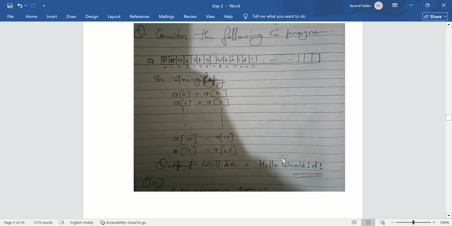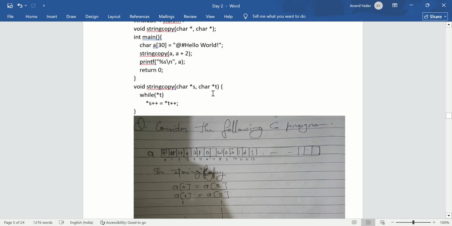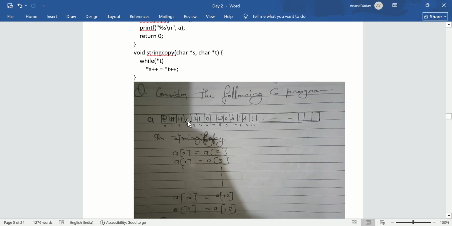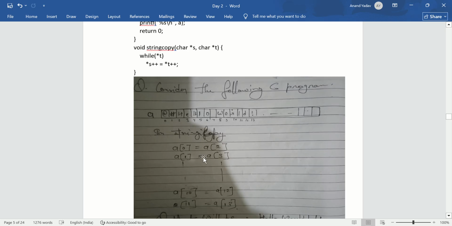String copy operation is basically start t plus plus, a plus 2. It will copy at the first index, the 2 plus index at initial index and next.